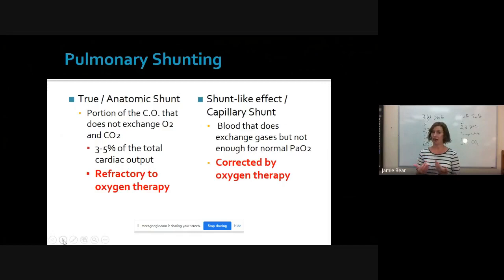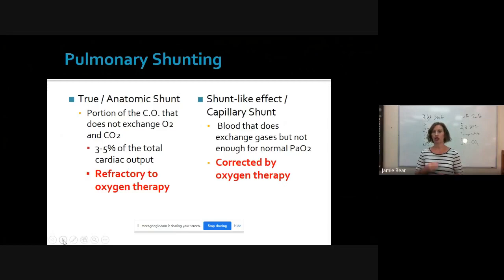There's true or anatomic shunts, and that is the portion of the cardiac output that does not exchange gas. 3 to 5% of the total cardiac output, which is 5 liters per minute, never exchanges gas. So it's just a portion that completely skips gas exchange altogether, and that's anatomic. That's normal. We can't change any anatomic shunting.